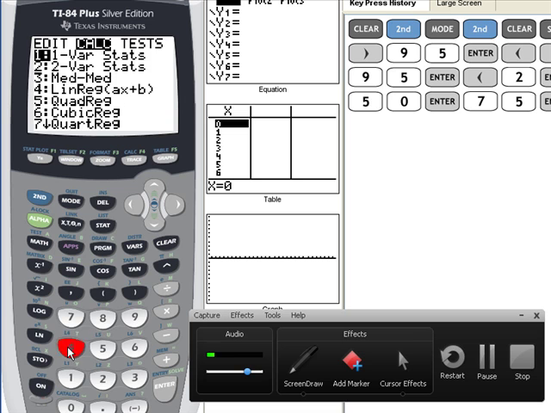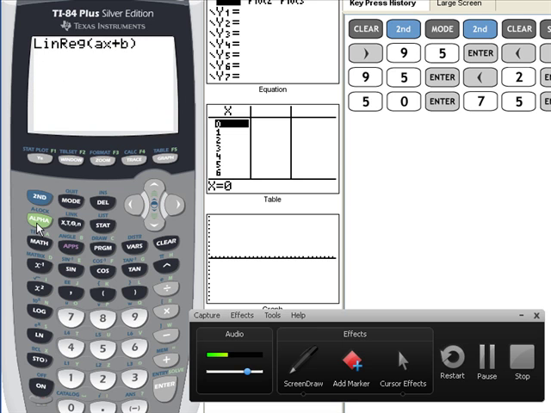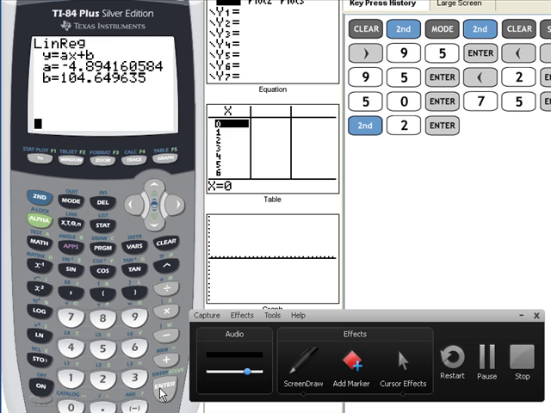Alright, now what you'll notice about this calculator, and if yours is the same, then we need to take care of something and then redo it. So what we have to do is go to our catalog. I'm going to go second catalog, and I need diagnostic on. So let me scroll down here.